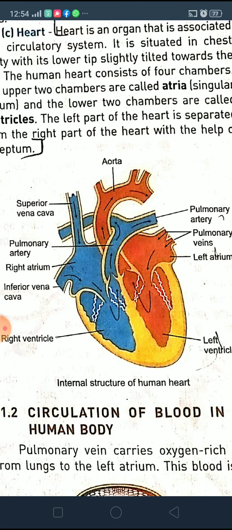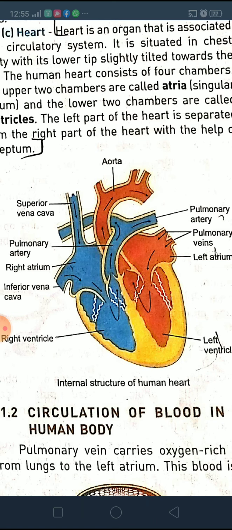It is situated in the chest cavity with its lower tip slightly tilted towards the left side. The human heart consists of 4 chambers. The upper 2 chambers are called atria, and the lower 2 chambers are called ventricles.